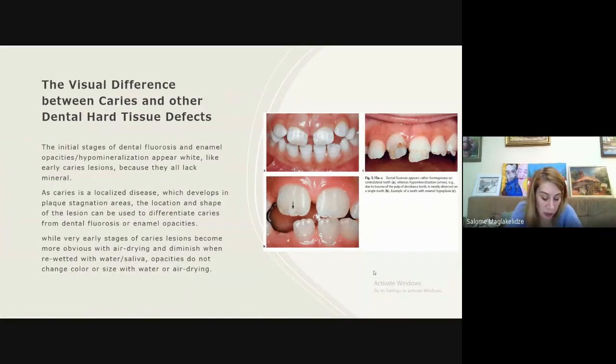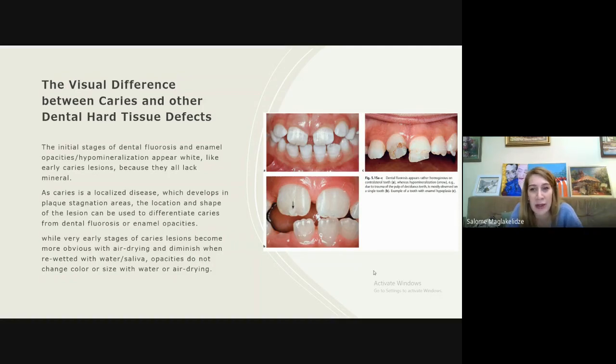And also on the early stages of demineralization in caries, we tend to see white spots. And for beginners in our career, it's sometimes difficult to tell the difference between caries and some other non-carious disease like fluorosis or opacities of the enamel.